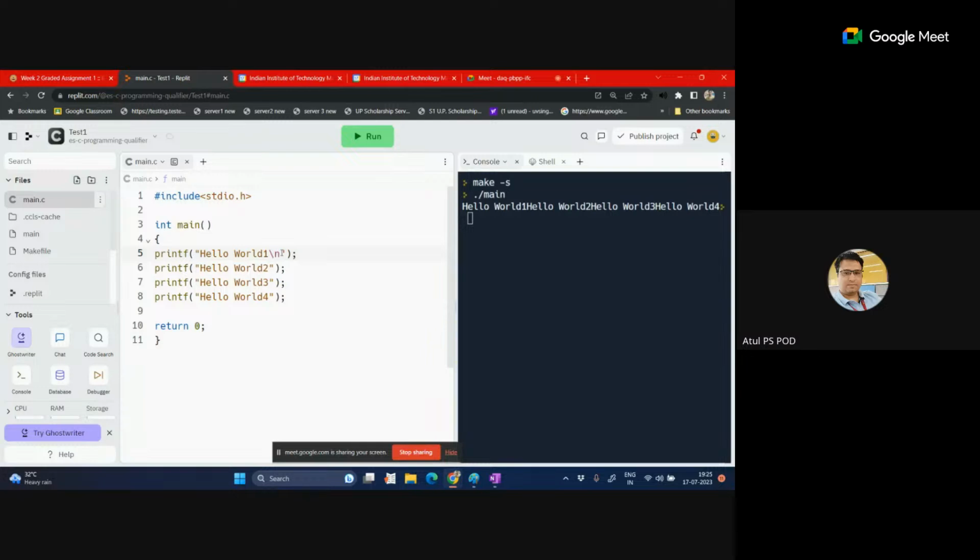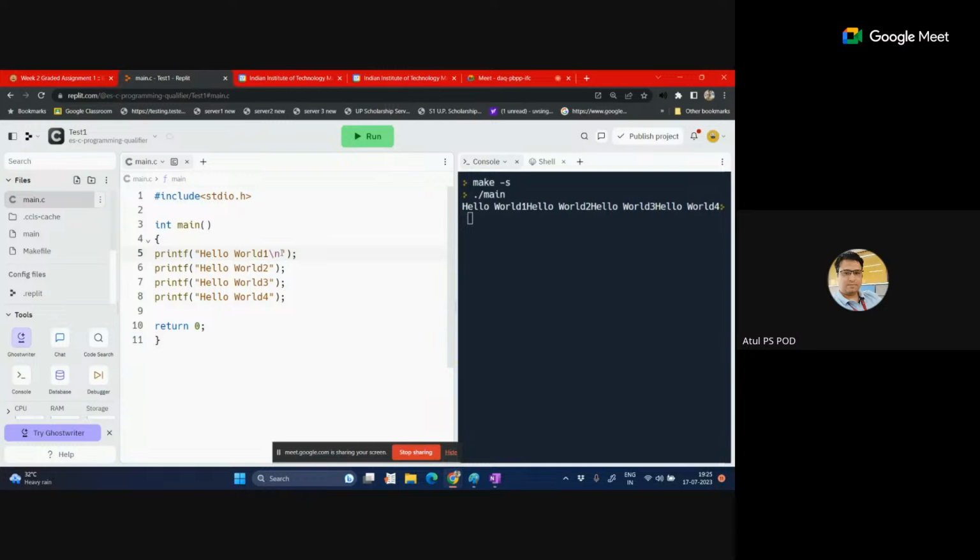We can also write \n at the last place, in the string part. You can see the cursor position in the previous example. If I remove this, you can see the cursor position is coming after the last hello world 4, at the next position.